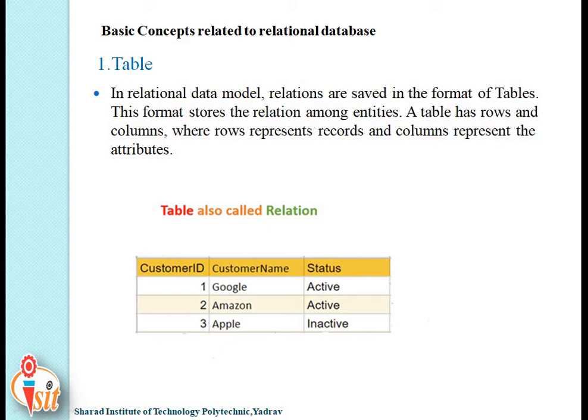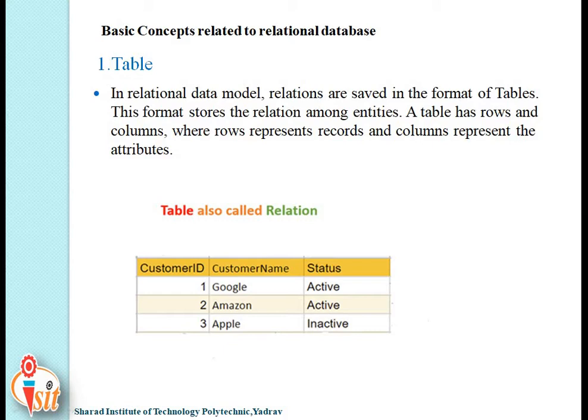Or you can say the data in a relational database model is stored in database objects called tables. The table is a collection of related data entries and it consists of rows and columns. Remember that rows represent records and columns represent attributes.